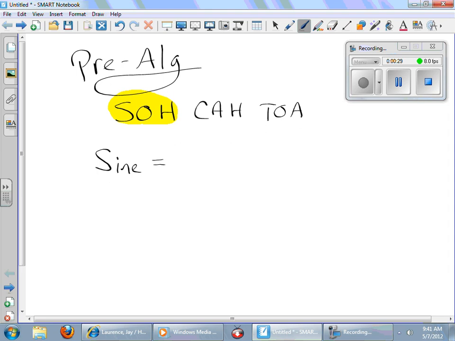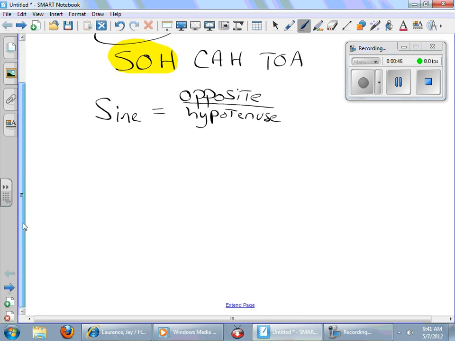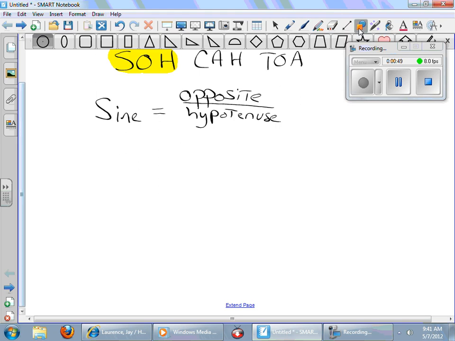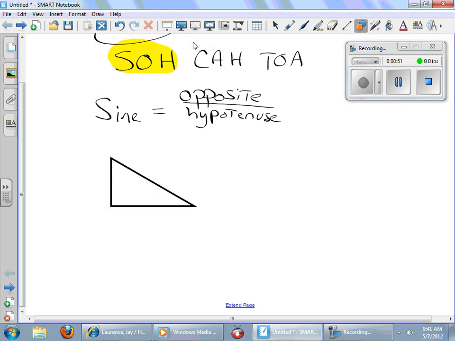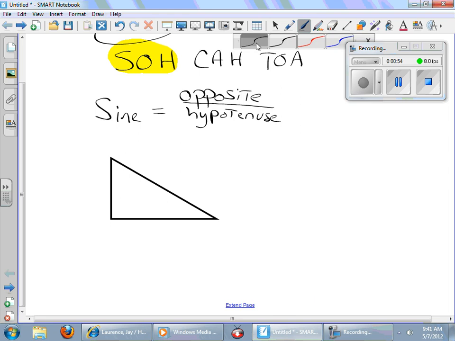The sine is equal to the ratio of the opposite side over the hypotenuse. So the sine of an angle is equal to the opposite side over the hypotenuse. If I have a right triangle like so, and I tell you that this is the right angle, and that'll be C, and that'll be A, and that'll be B, and I give you some of this information, you can figure out missing pieces of this triangle.